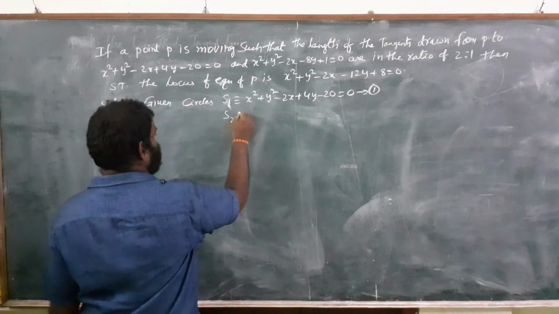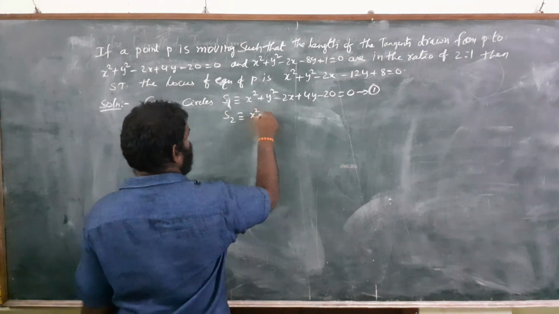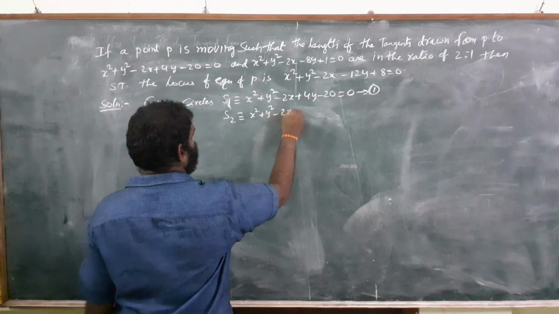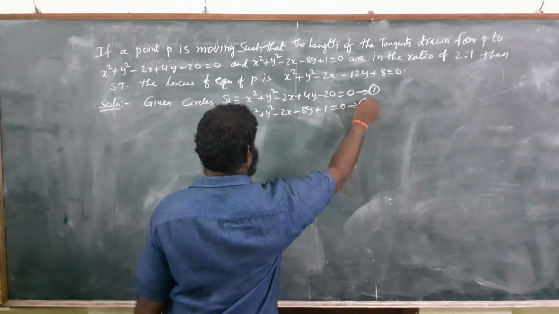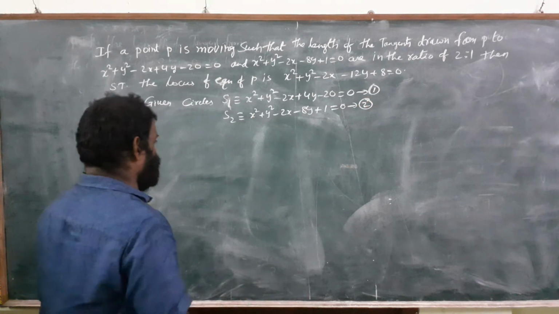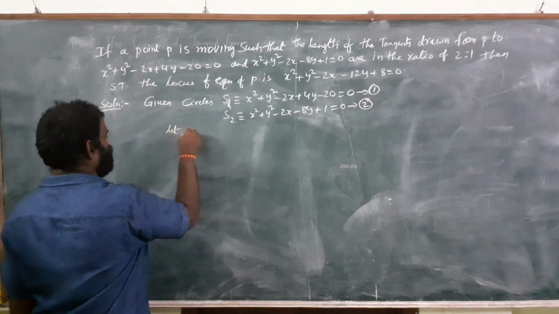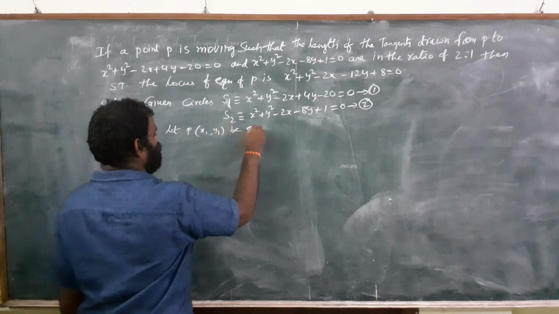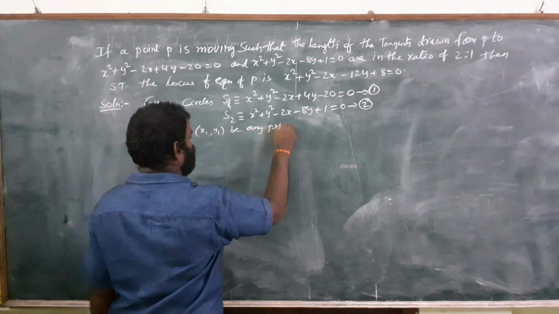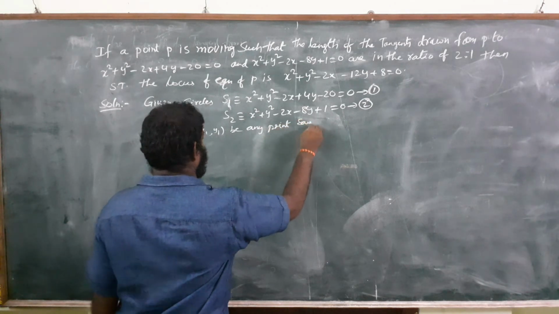And what is S2? x square plus y square minus 2x minus 8y plus 1 equal to 0, equation 2. Now let P(x1, y1) be any point, say.